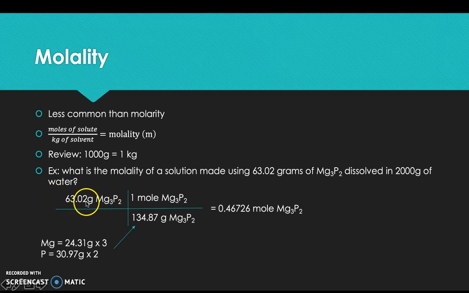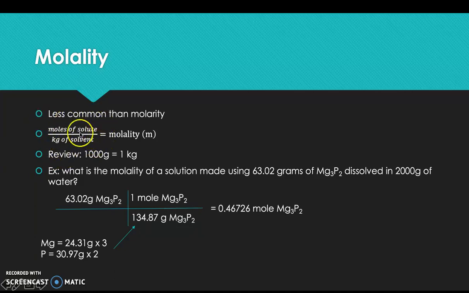Okay, 63.02 grams of Mg3P2 times my 1 mole of Mg3P2 divided by 134.87 grams of Mg3P2. This gives me 0.46726 moles of Mg3P2.